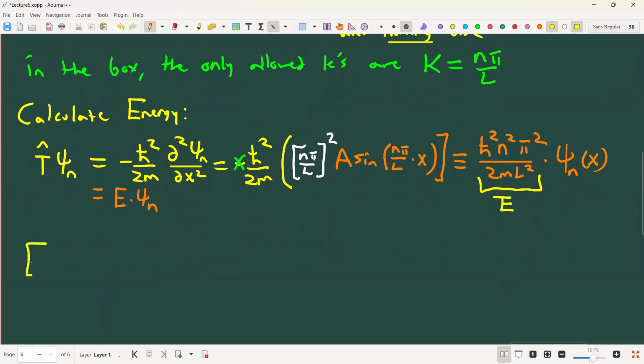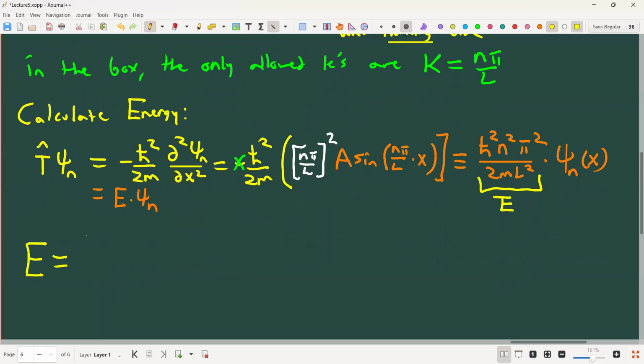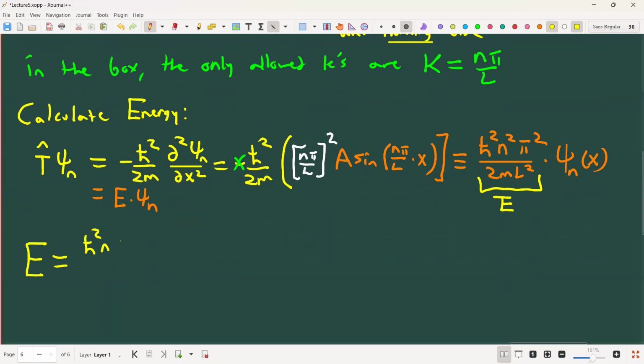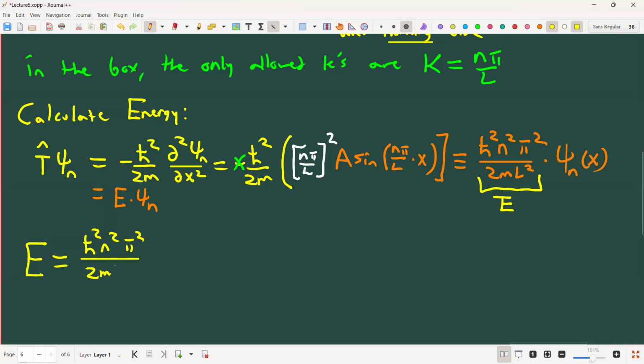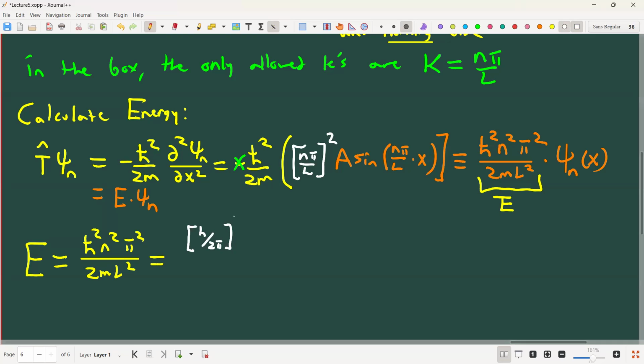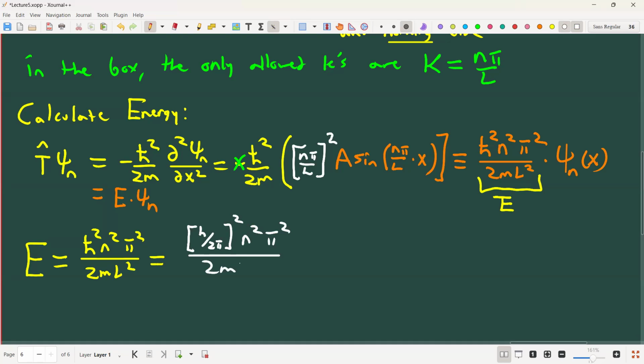All right, let's just try to simplify this equation. So we have the energy equal to h bar squared n squared pi squared over 2mL squared. And we're going to use the fact that h bar is h over 2 pi, squared, n squared pi squared over 2mL squared.